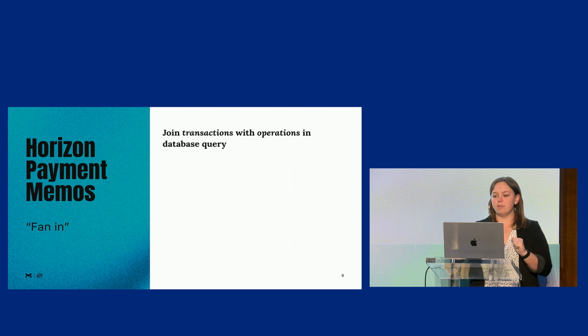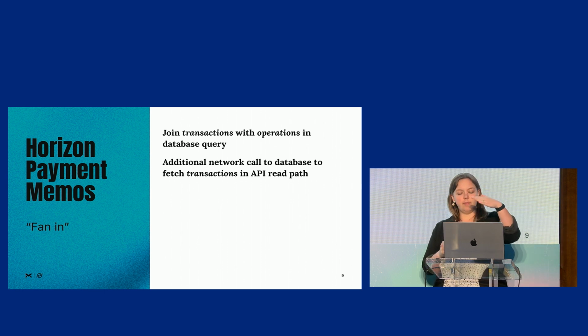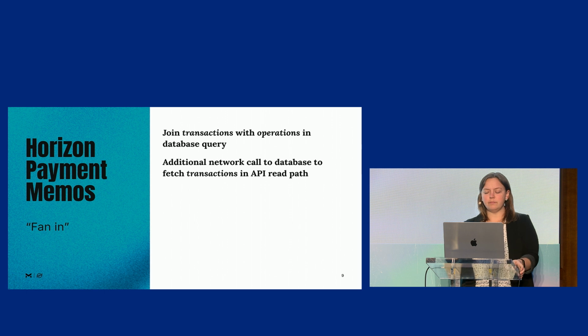Probably, well, we'll talk about it, because there's another option in fan in, and that is to make an additional network call. You query transaction or query operations. The application code of Horizon does the same thing it always did, queries operations, and then it makes a second query. So basically, you're doing the same join in application code.